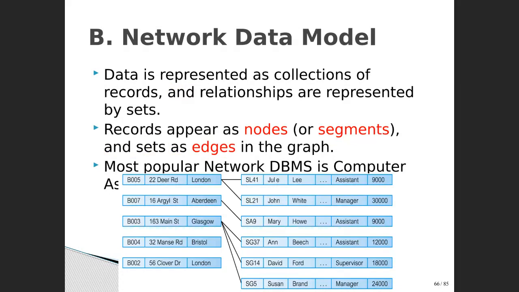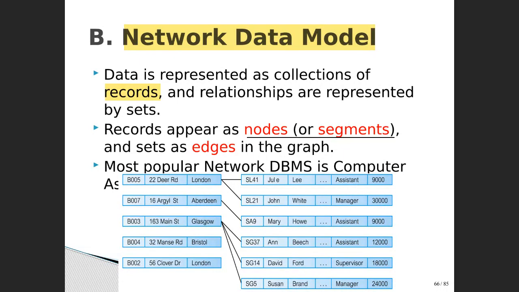Now, the second type of record-based model is the network data model. Network is a way of representing data in the database as a collection of records. These records are called nodes or segments.